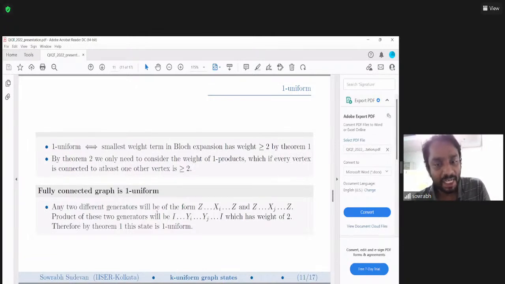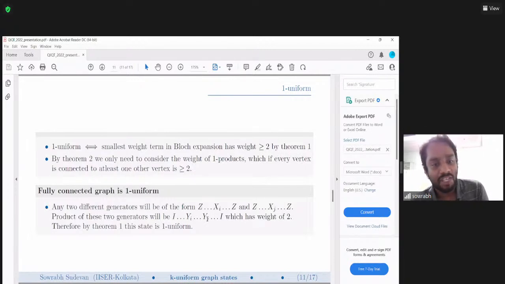Now let's look at the fully connected graph, where every vertex is connected to every other vertex. Two generators will have the form of a lot of Zs and then an X_i at some location, and some other generator will have a similar form. If you multiply these 2 generators, what you will get is identities everywhere except Y_i, Y_j.